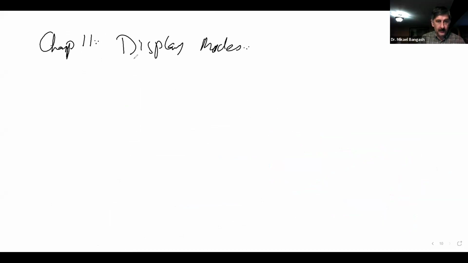First of all, each of the three display modes that we were talking about has a name, which is going to be A mode, B mode, and M mode.